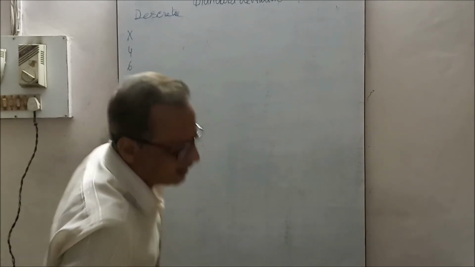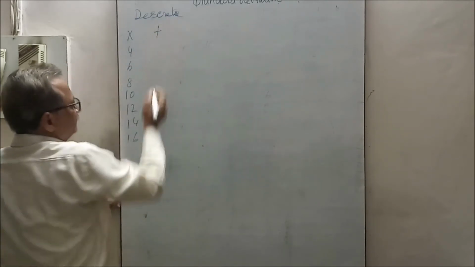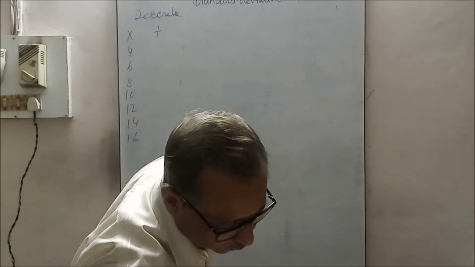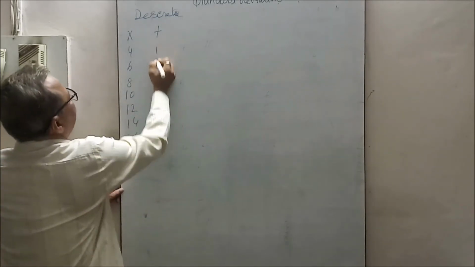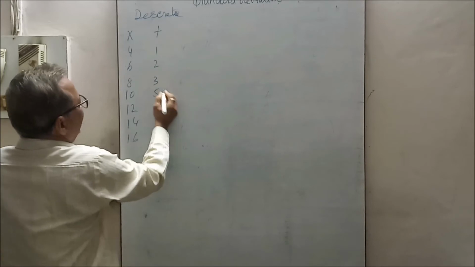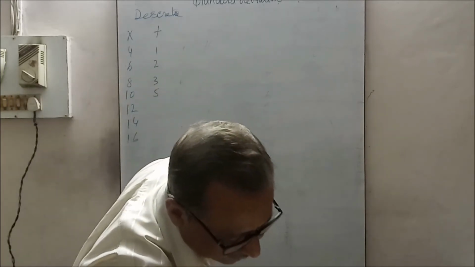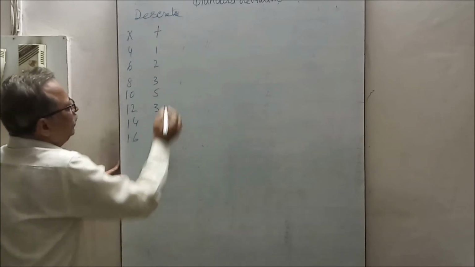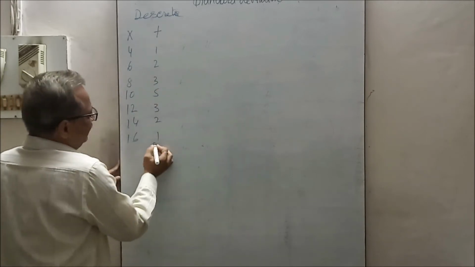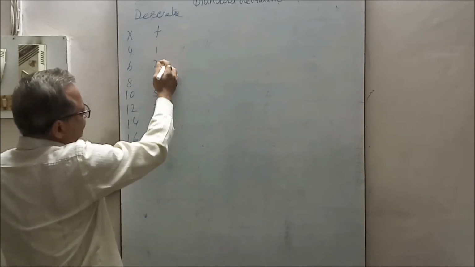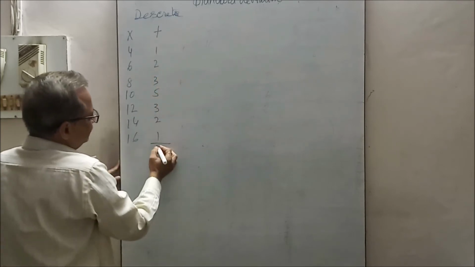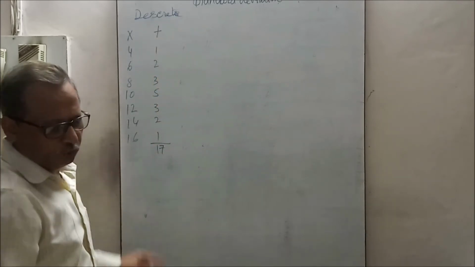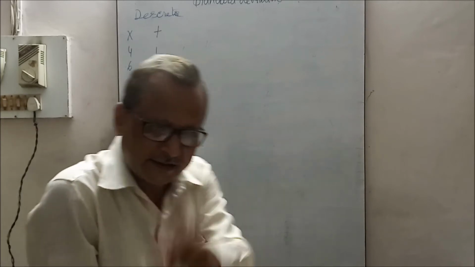And the frequencies given are 1, 2, 3, 5, 3, 2, 1. Very simple. Now, first of all, total the frequencies. The total of the frequencies is 70.